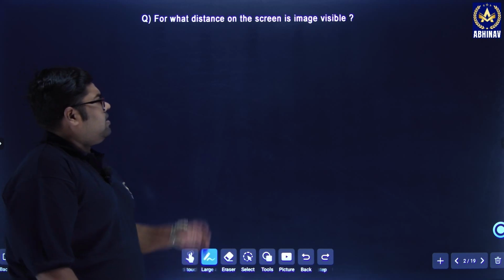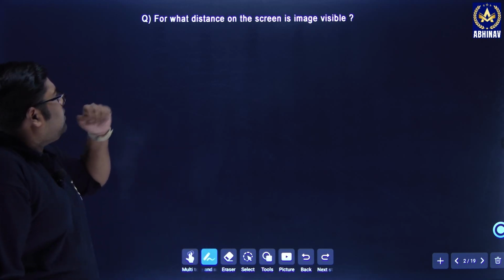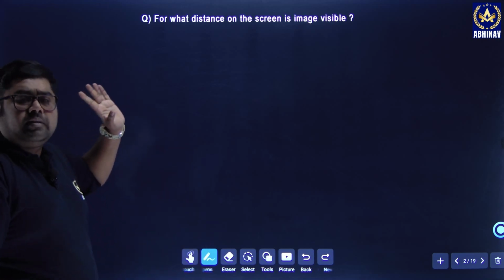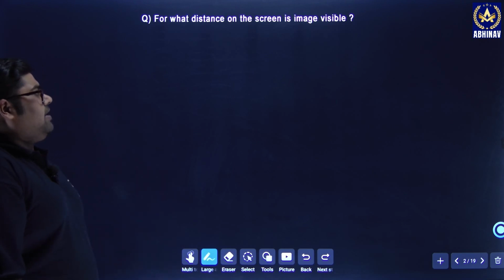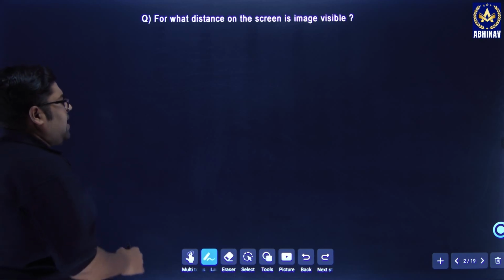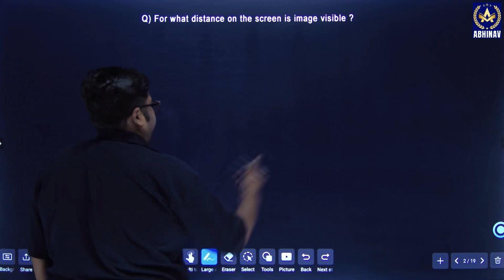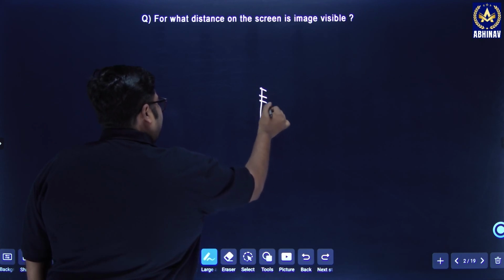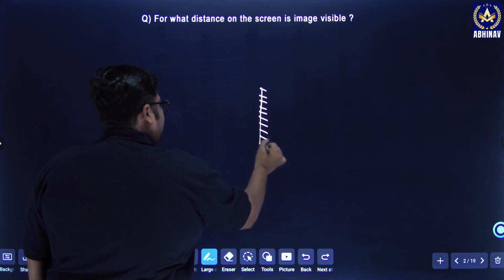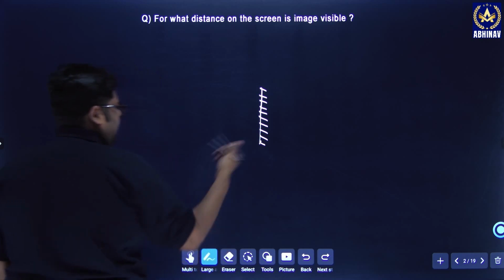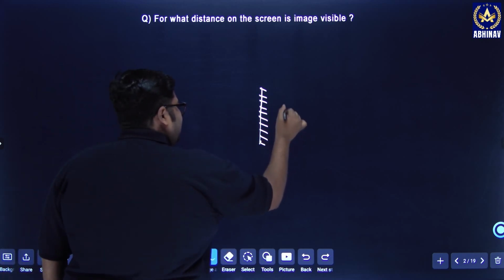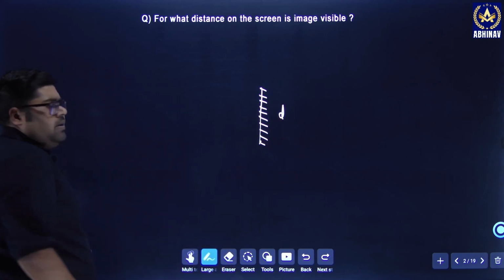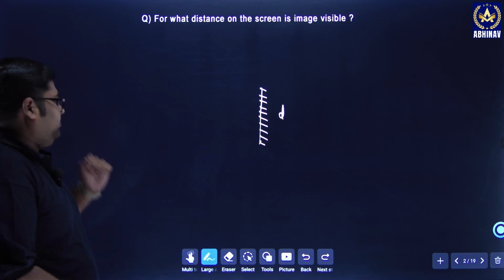So here is our question: for what distance on the screen is the image visible? What is the diagram given to us? Suppose this is again some plane mirror and its length is D, that is given to us.